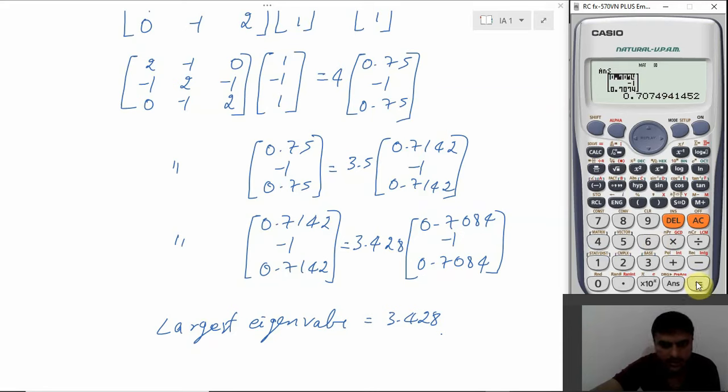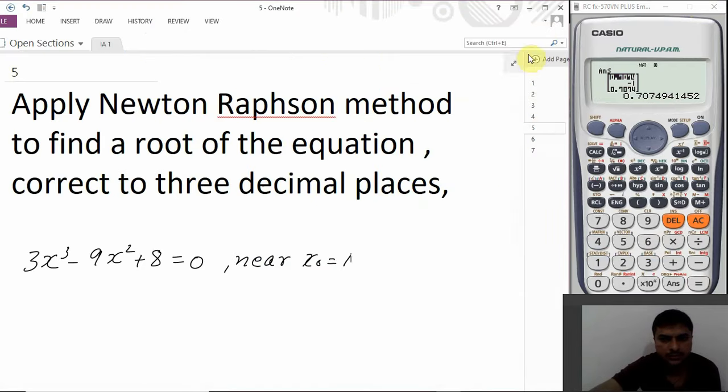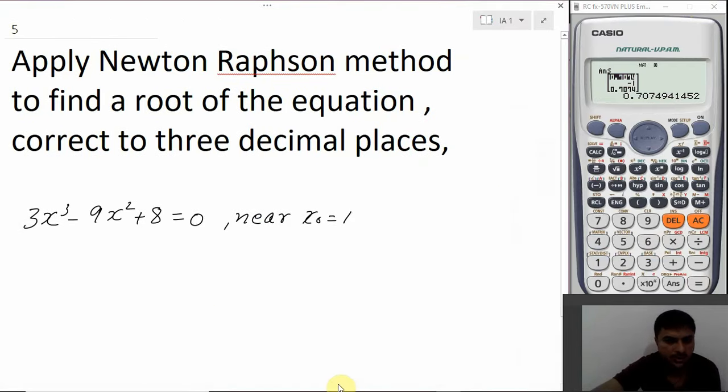So we can see the largest eigenvalue 3.4 is repeated, so we stop our answer. So you will get the answer. Just go to the fifth one, students. Easily you can see now.